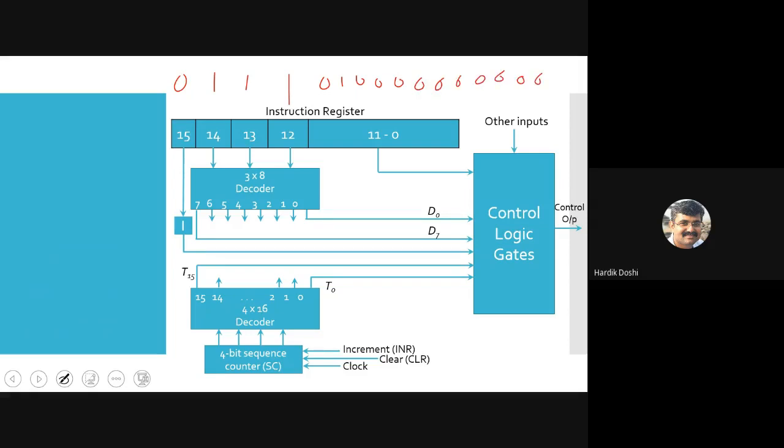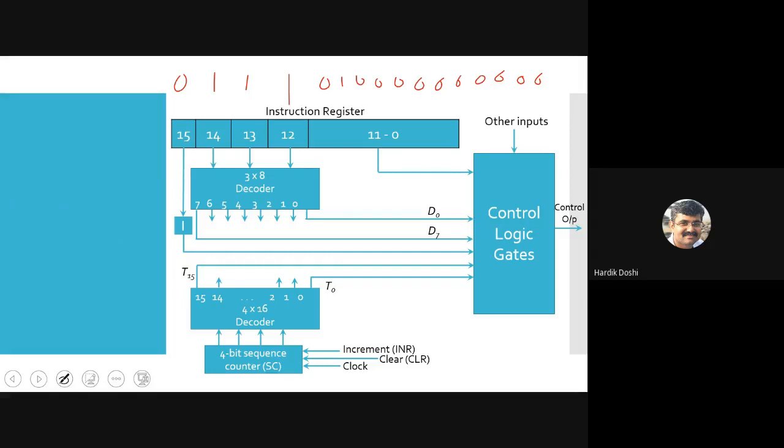What is this instruction? First of all, tell me the hex code. 7400. 7400 means which instruction? CLE. Absolutely correct.